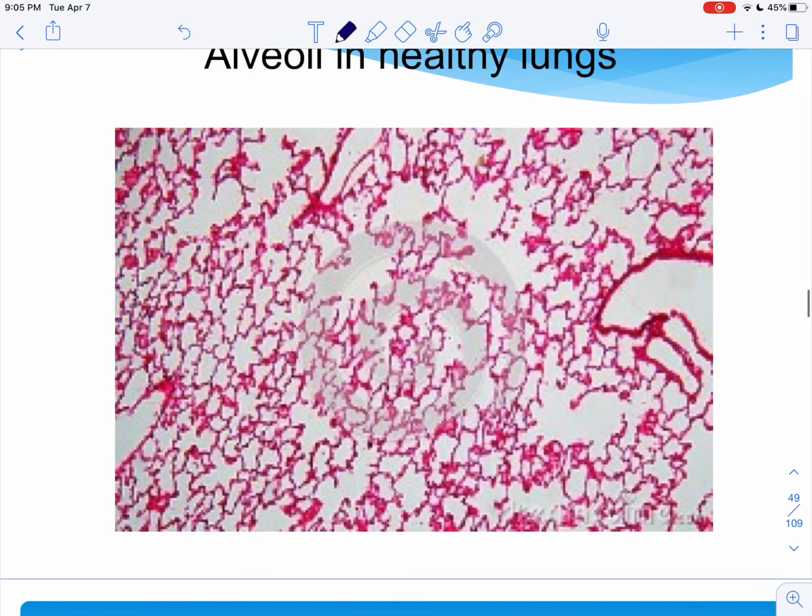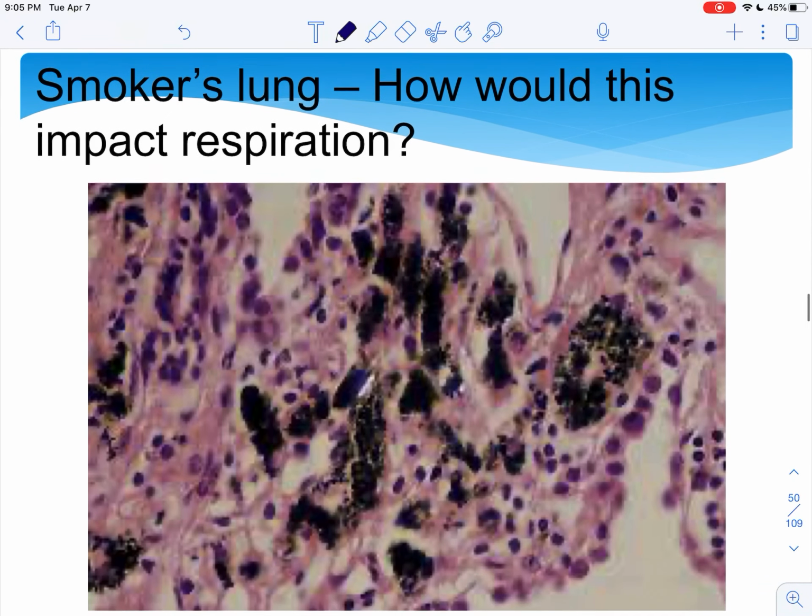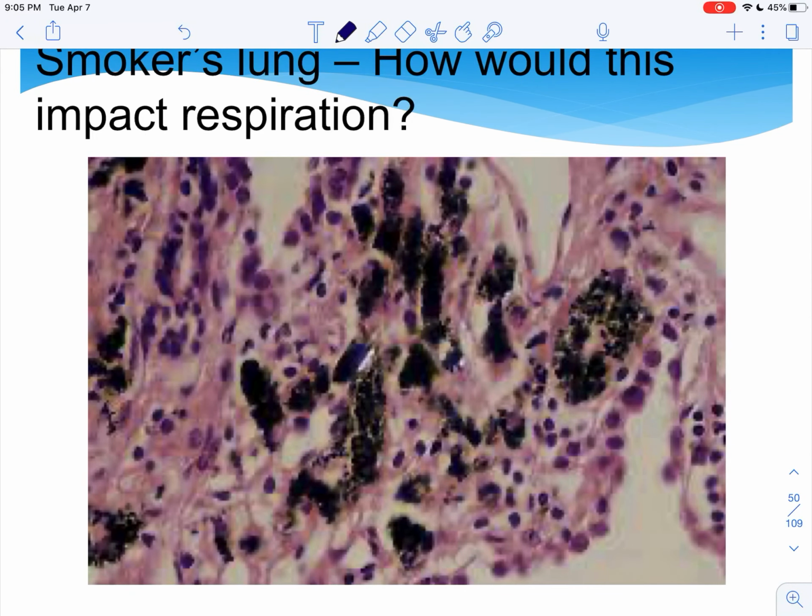Here's some more healthy lungs in comparison to the smoker's lung that's got all this tar collected in the alveoli. So the tar is causing several problems. It's blocking the alveoli, so that person is short of breath. It's giving them a smoker's cough, so their natural response reflex is to try to cough that out, which is not going to happen because it's stuck in there. And that tar is also carcinogenic, which means it's cancer-causing particles inside as well.